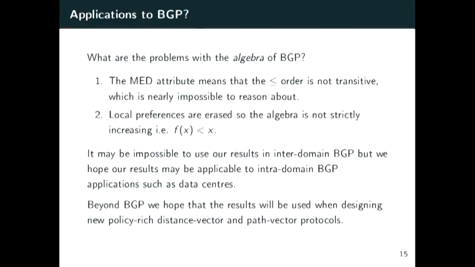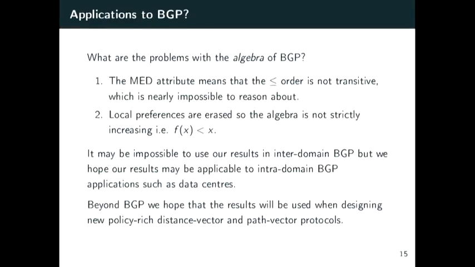So another question we might ask is, okay, what do these algebraic results tell us about BGP? Well, obviously BGP has all these problems, so the algebra must have some problems itself. The multi-exit discriminator attribute means that the less than or equal to ordering that we defined previously is not transitive.